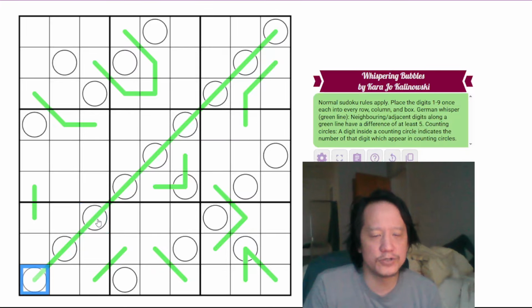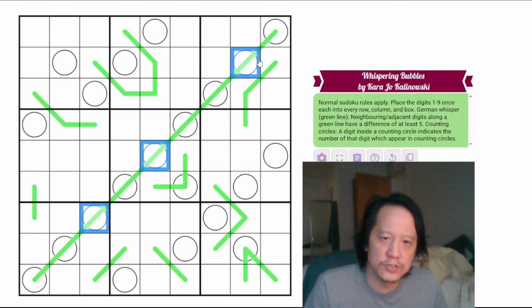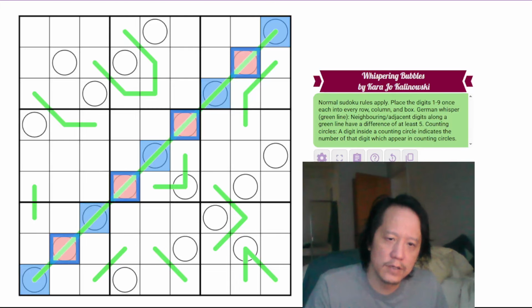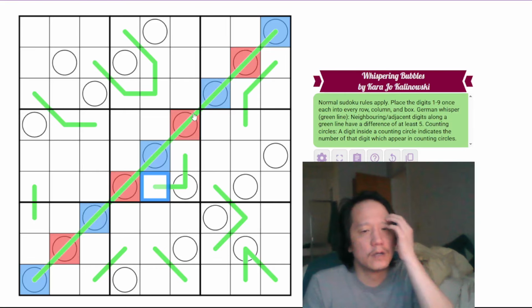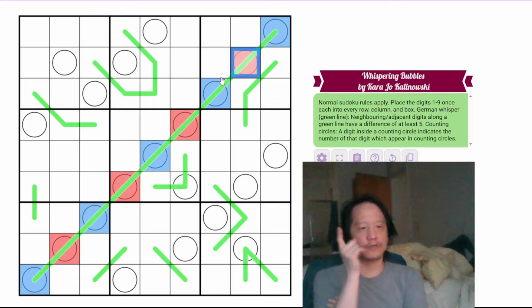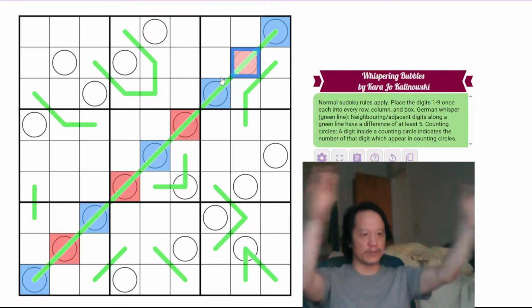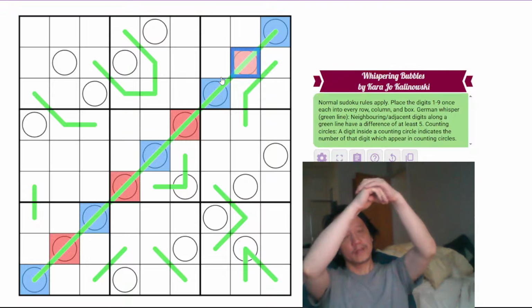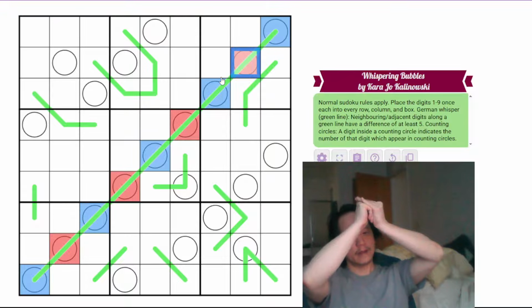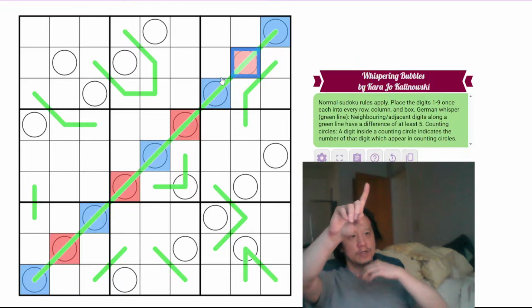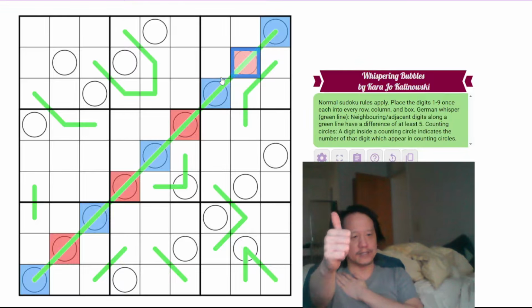So again, it alternates between low and high digits, right? So say these digits were all low, and these digits were all high. The number of digits in the counting circles is always going to be a subset of the digits from 1 through 9. And however many digits can appear in the counting circles is however many digits you have.